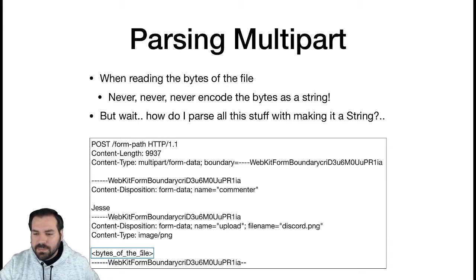Will there be a CRLF part before the next boundary? I believe so. Will it? That's a good question. I'm blanking on that one. Will there be a CRLF before the boundary?